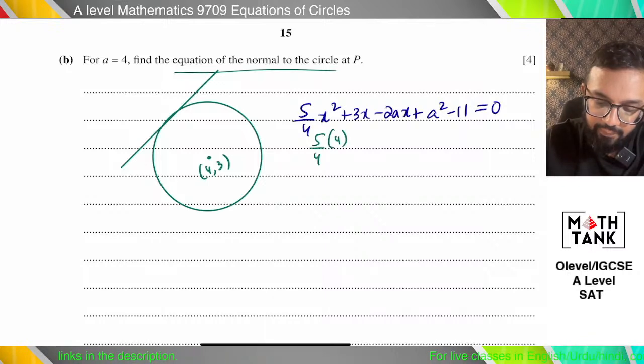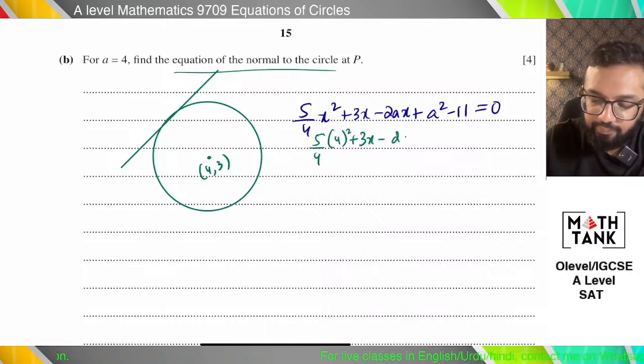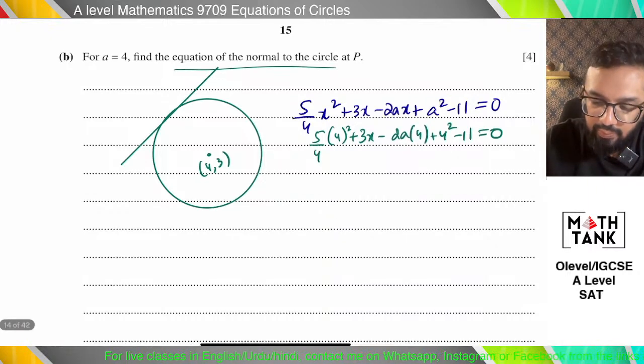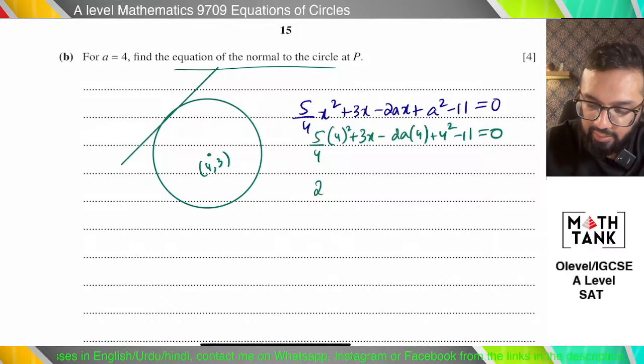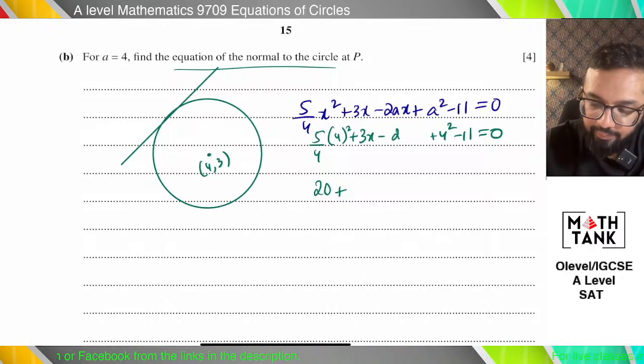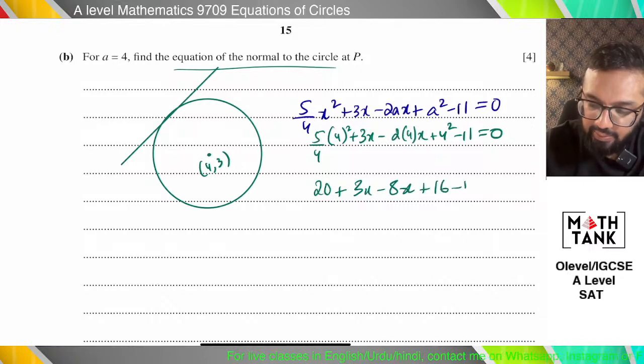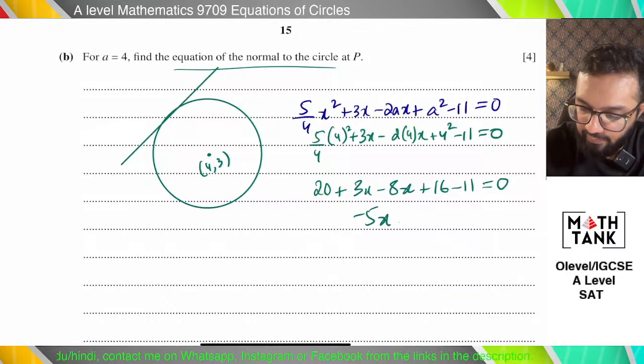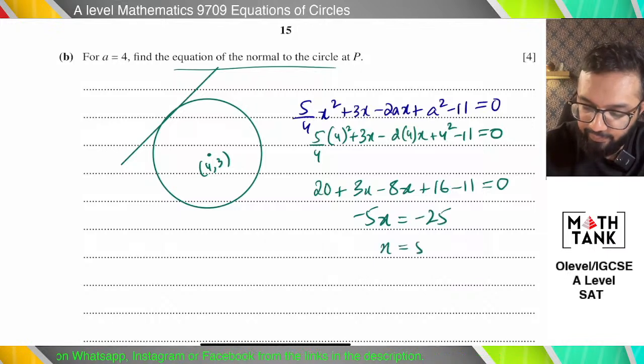Okay, so a is 4. So 4 plus 4 times x. 3x minus 8x plus 16 minus 11 minus 5x, 5 and 25, and so minus 25x equals 5.